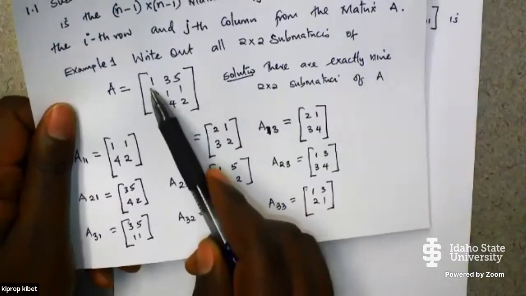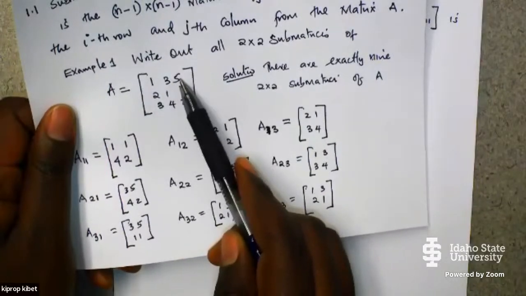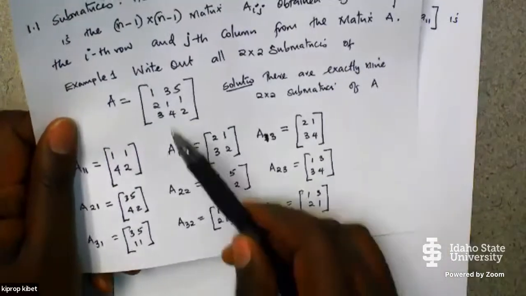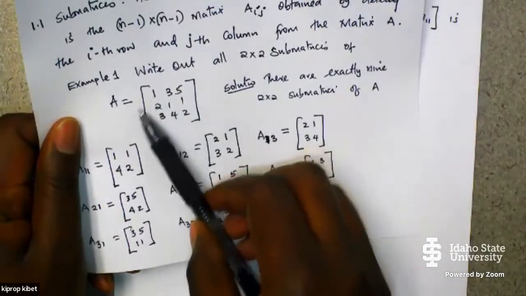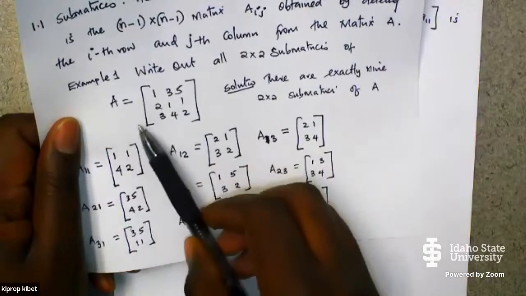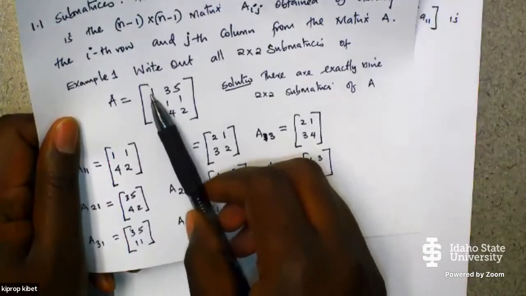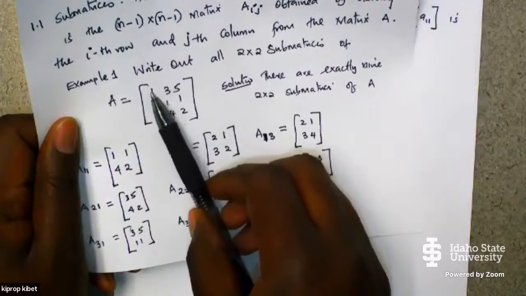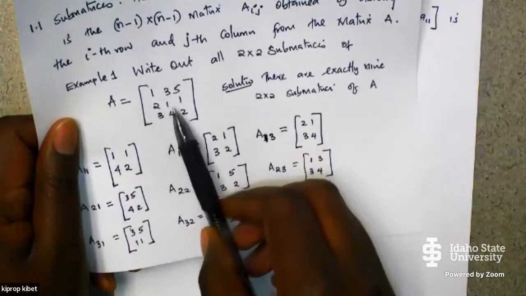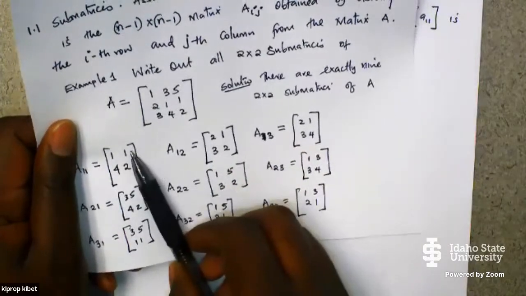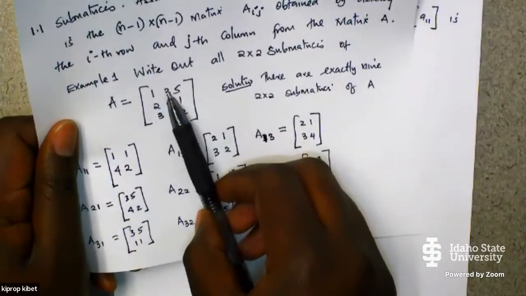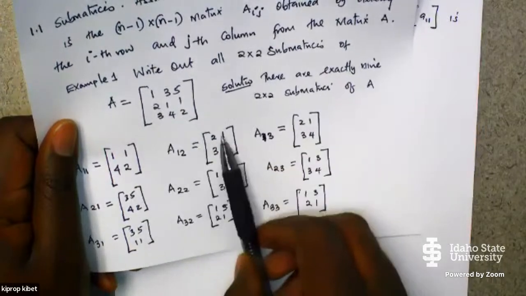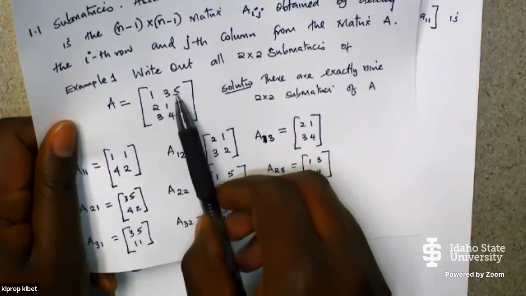We say the first row multiplied by the sub matrix. For example, A11, the small a11, multiplied by the sub matrix, minus this a12 multiplied by this sub matrix, plus this multiplied by this.